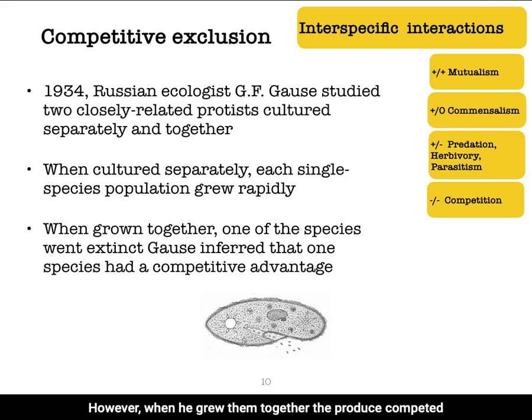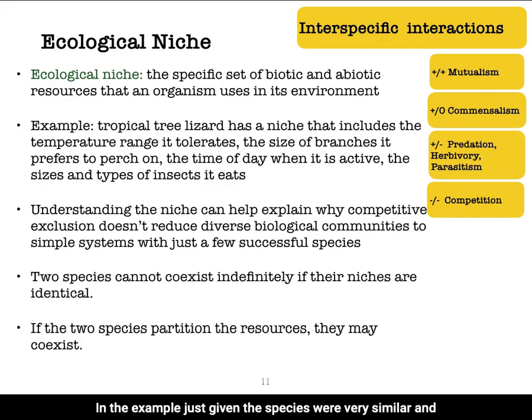However, when he grew them together, the protists competed for the same food source, and one species, the same one, always went extinct. In the example just given, the species were very similar and were competing for the same food in the exact same space, the test tube.